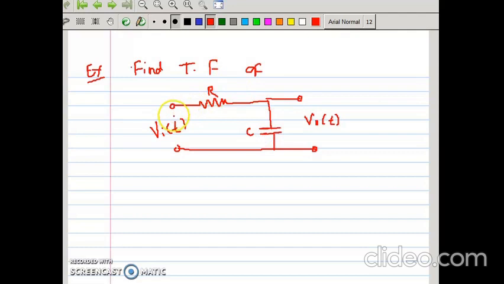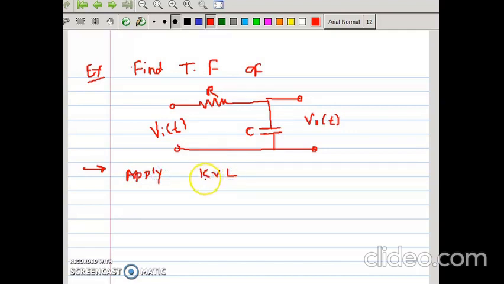Now what to do? As we observe the complete circuit diagram, there are two components, that is R and C. So what are the steps we should follow to solve this example? First step is apply KVL.